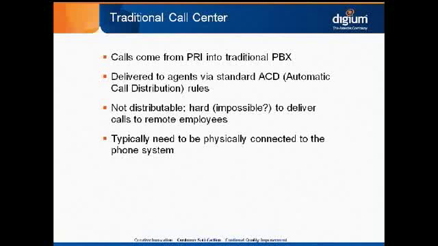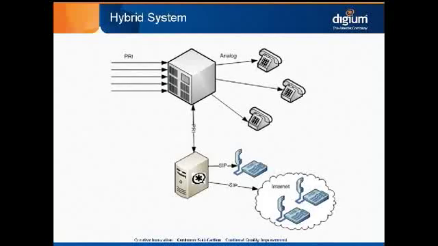So here's a hybrid system. We take our existing system, and assuming that we have the ability to add a secondary PRI or some other method of getting calls out of the system, we can do something like this where we connect Asterisk to our existing system and start adding additional functionality. This is usually a good place where people are migrating but can't just rip a system out and rely on the new system the very next day.